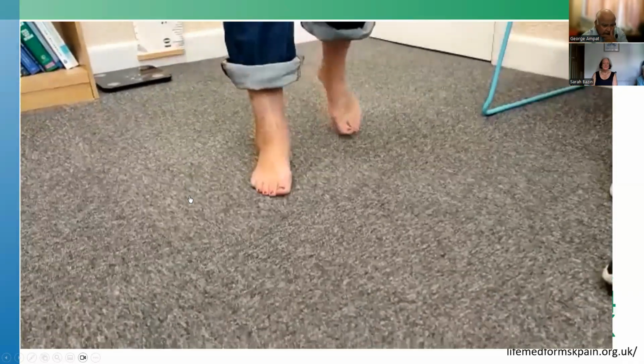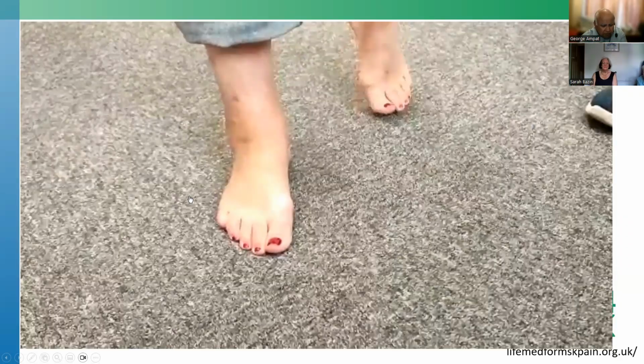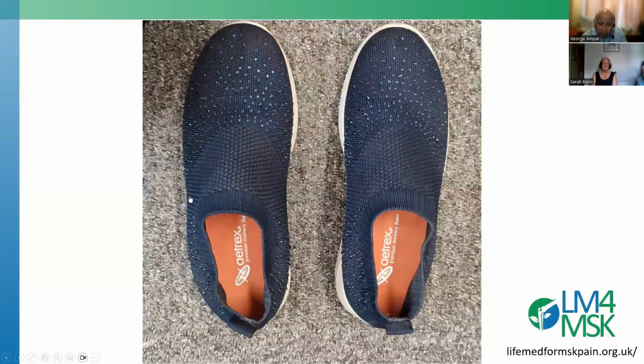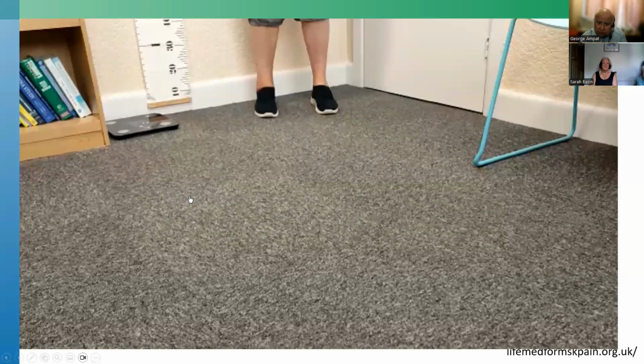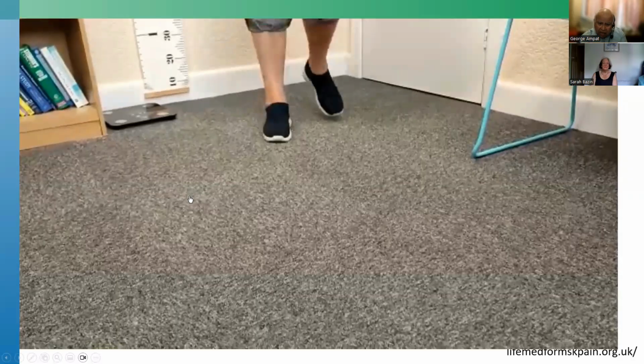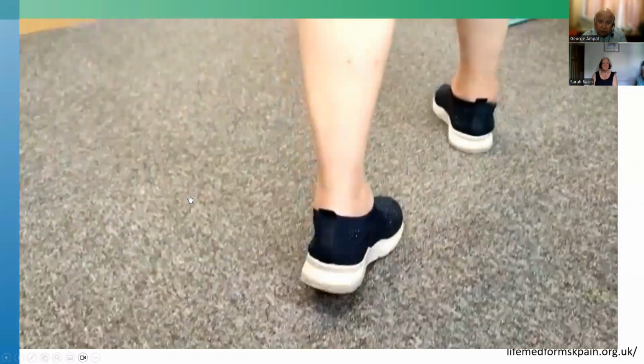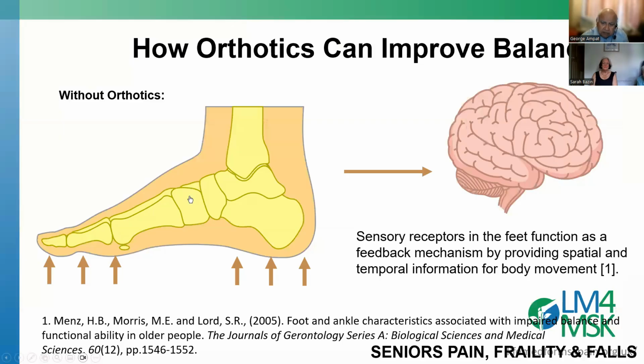And you can see how she's walking not very comfortably, not much change when walking. And we gave her an orthotic. And following the orthotic, she is walking much better. And how did the orthotic help to prevent falls or improve the balance? What happens is when you're not walking with an orthotic, the amount of feedback is very limited.